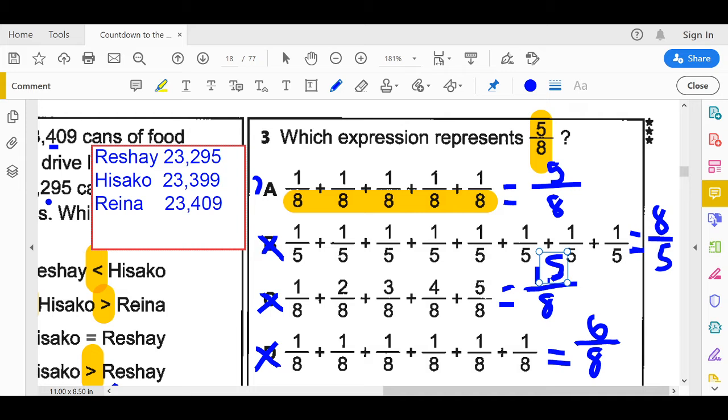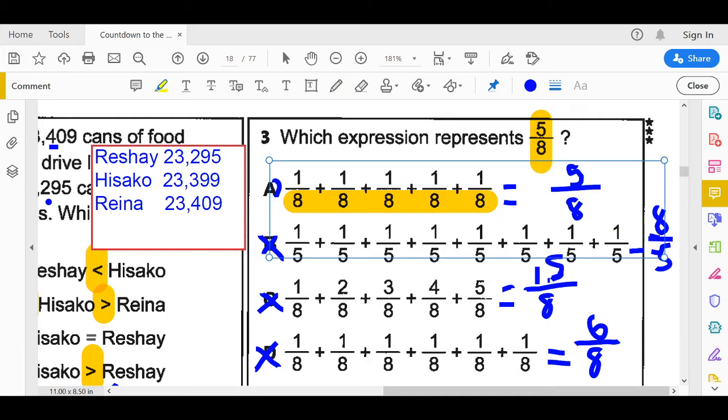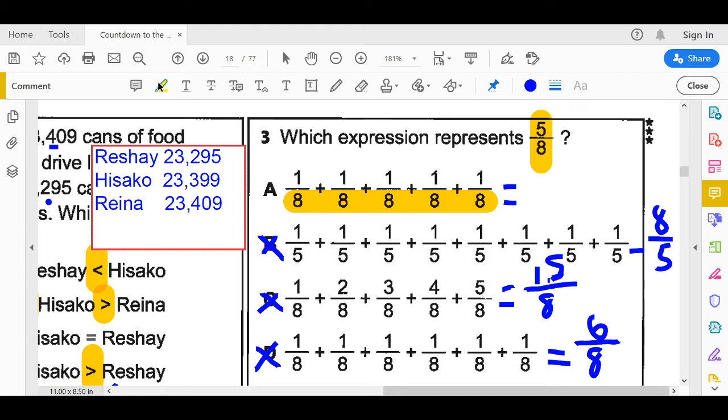That is letter A. So please make sure that you have letter A right there. This should be the answer because it was 5/8. 5 out of 8. Okay, we're ready with number 3.